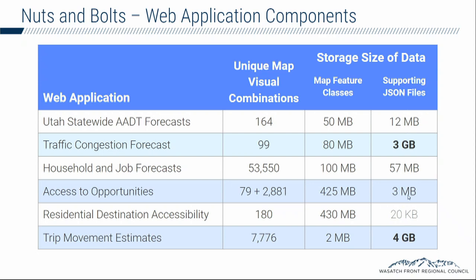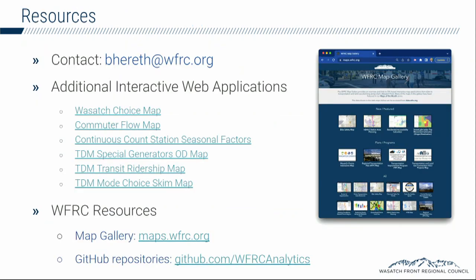And then the JSON, for some reason I'm using JSON a lot. I don't remember why, but that's just a text file. It's a way to format a text file and access it. It's public data, so I'm not worried about keeping it behind in a secure database. So the trip movement estimates, that's 4 gigabytes of data behind that one app, and it's only 2 megabytes. So all the calculations are done in JavaScript and then updated instantly onto the map.